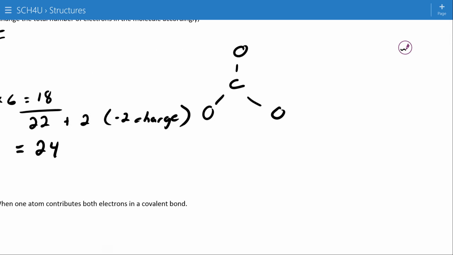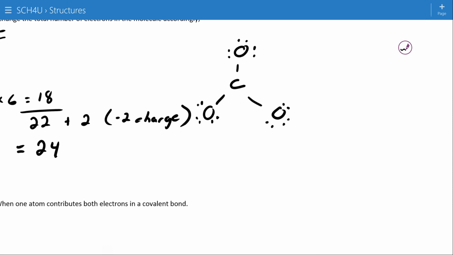So if I look at this oxygen to start, I have 2 in the bond, there's 2 more, 2 more, 2 more, for a total of 2, 4, 6, 8. If I look at this oxygen, 2 here, 2, 2, 2, there's my 8, and similarly with this oxygen.